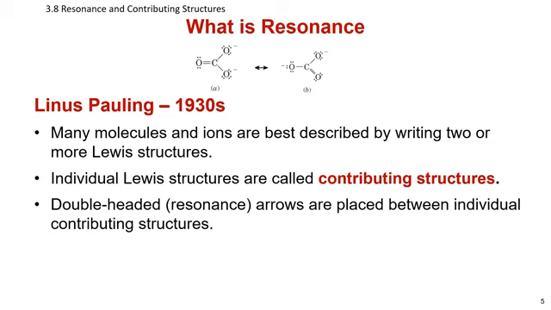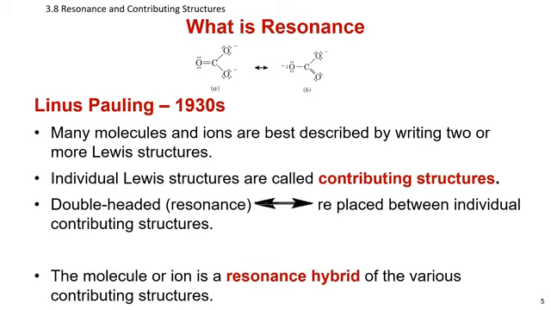So this is a problem in organic chemistry. Many organic molecules show resonance. Covalent molecules can be best described by writing two or more Lewis structures. To describe the Lewis structure of certain compounds with double bonds, you have to write more than one Lewis structure. That's the resonance.